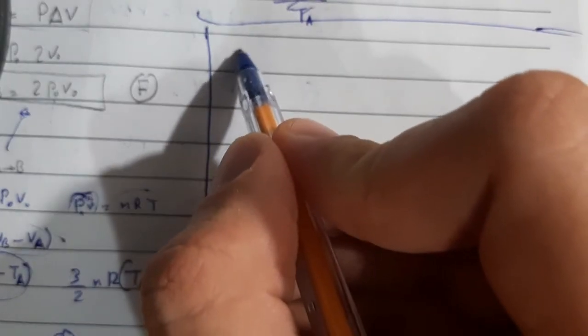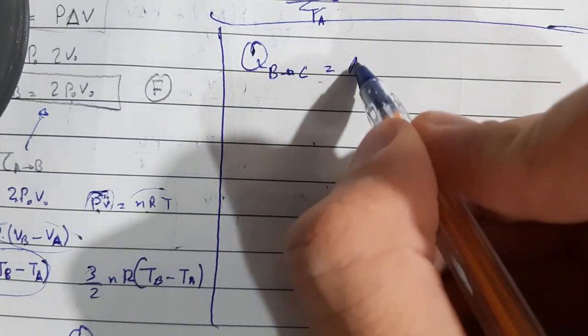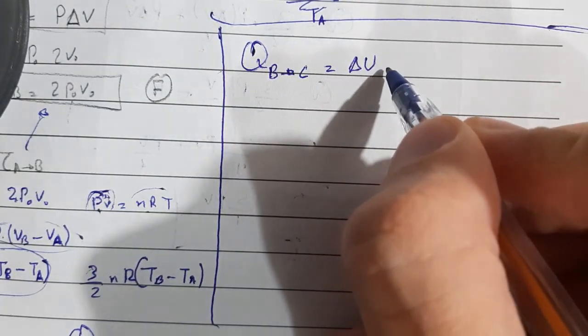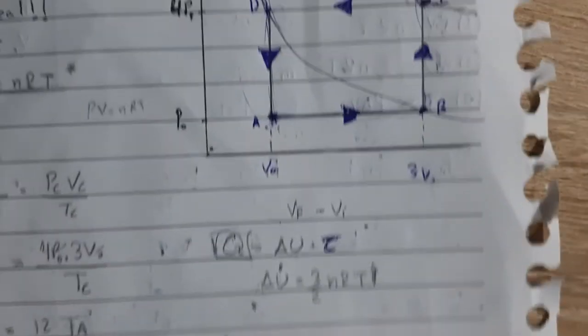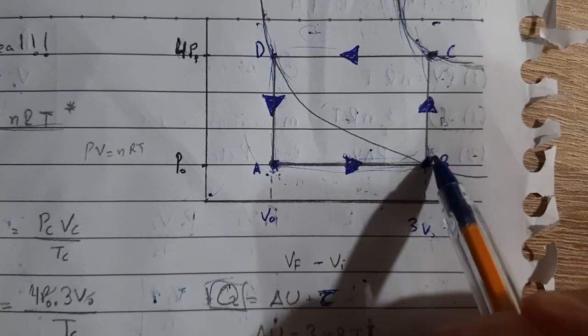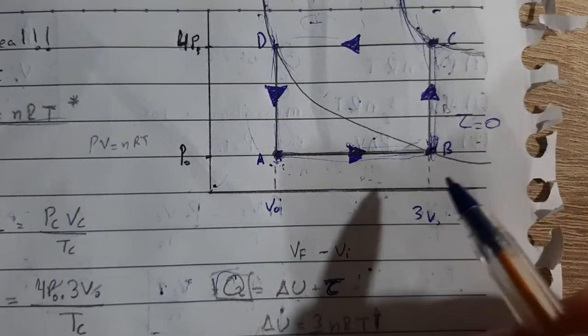and now we're going to need to do the same thing for the process from B to C, but now it's going to be easier. Why is that? Well, because we will only have internal energy. Why don't we have work now? Remember, because here we don't have variation of volume. Okay, so the work done is equal to 0.